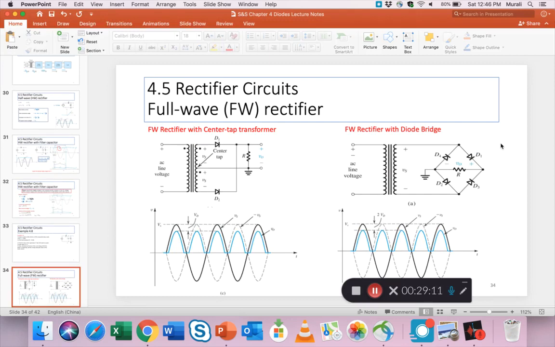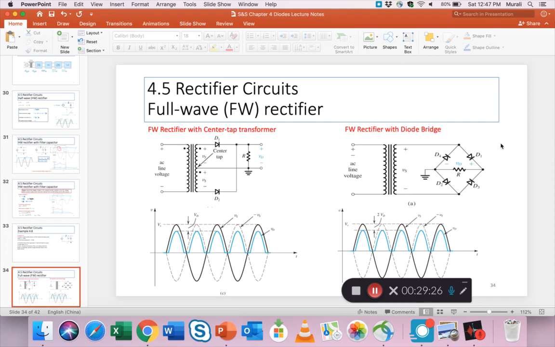Okay. So I moved on to slide 34, where we now start looking at full wave rectifiers. So far what we have done is look at a half wave rectifier with only one diode.